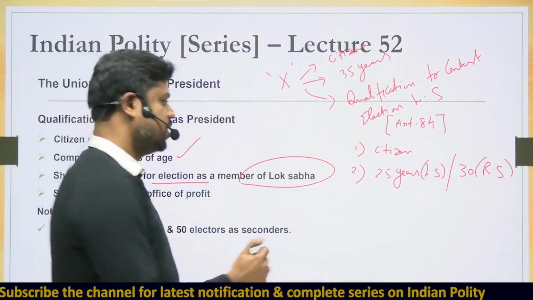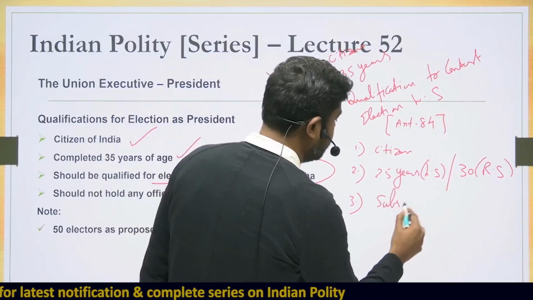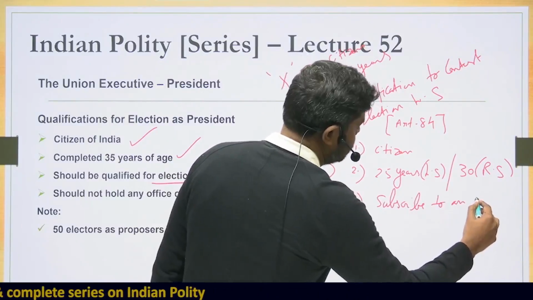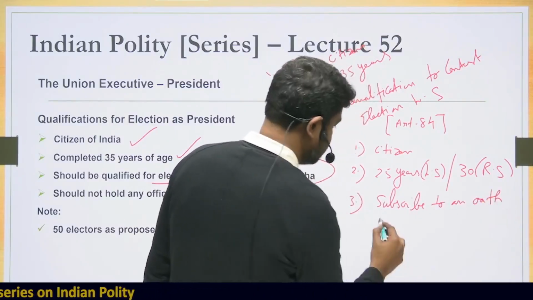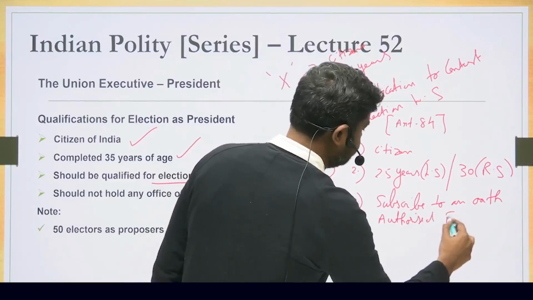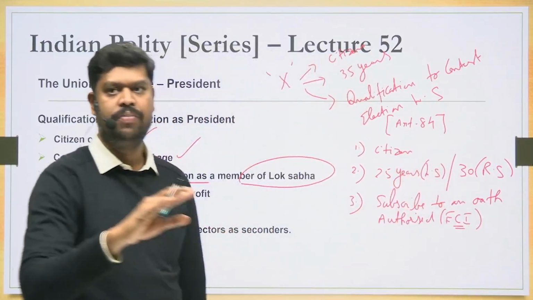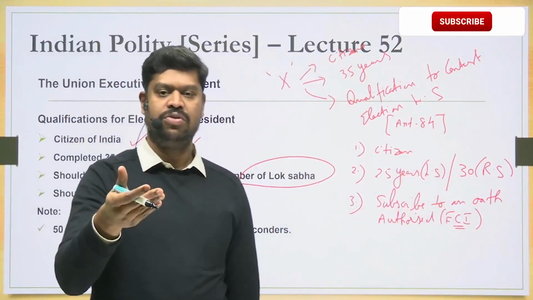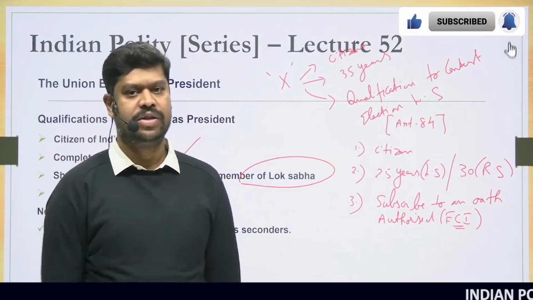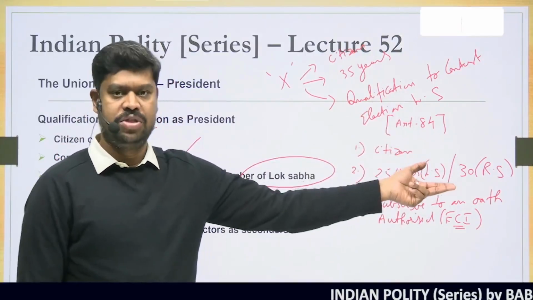And then it is also saying they should subscribe to an oath in front of an authorized authority. So before contesting election, they have to subscribe to an oath in front of an authorized authority. That authorized authority will be determined by the Election Commission of India, because it is the Election Commission of India which conducts election to both Lok Sabha and Rajya Sabha. Now I am talking about the conditions to become a member of Lok Sabha.